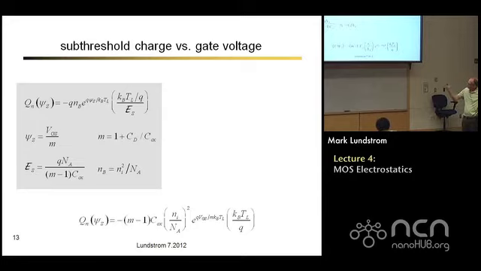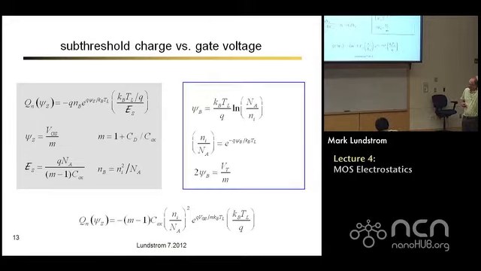I have a factor Ni over Na quantity squared. And we might remember that that had some meaning to us. Ni over Na was related to this bulk potential. It told us the separation between the intrinsic level and the Fermi level in the bulk.